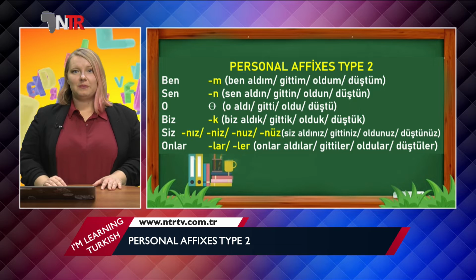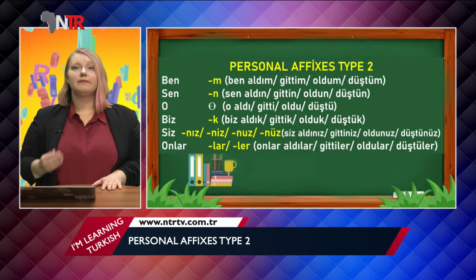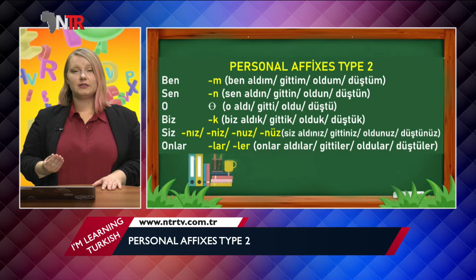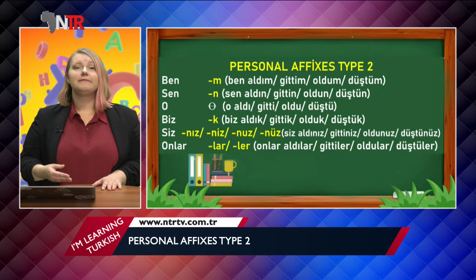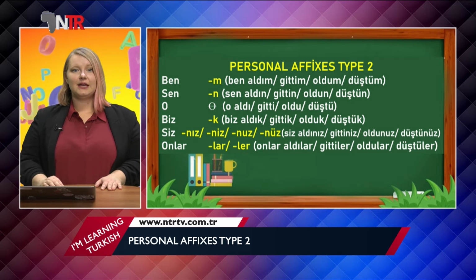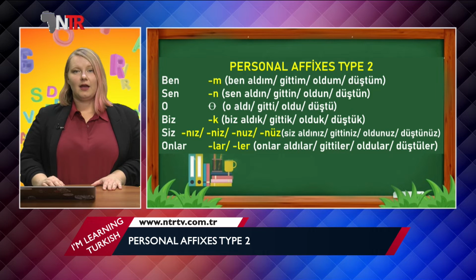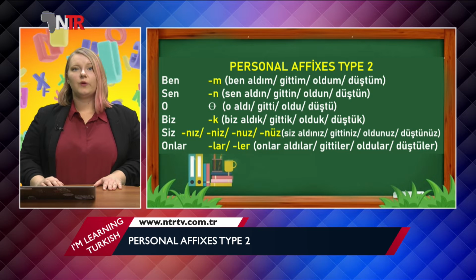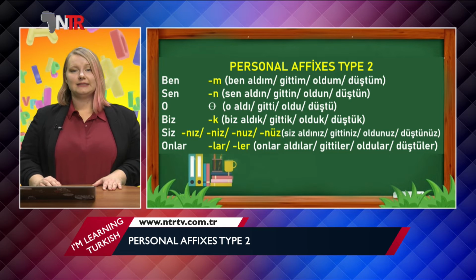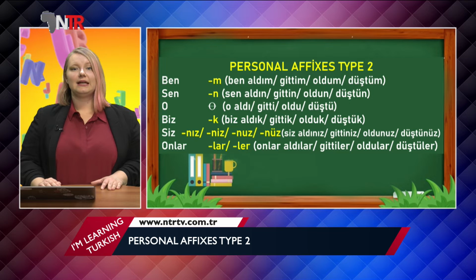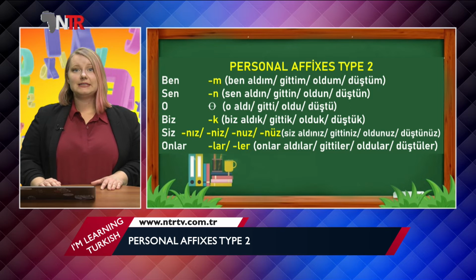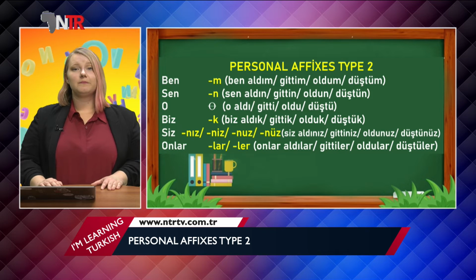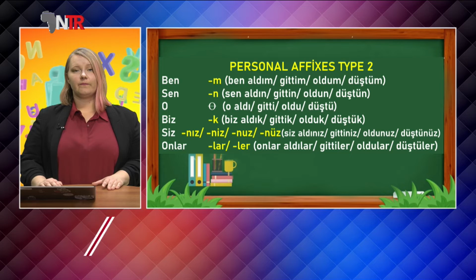Let's remember, in past, if we did something, we will add k after our past tense affix. So we will have biz aldık, biz gittik, biz olduk, biz düştük.